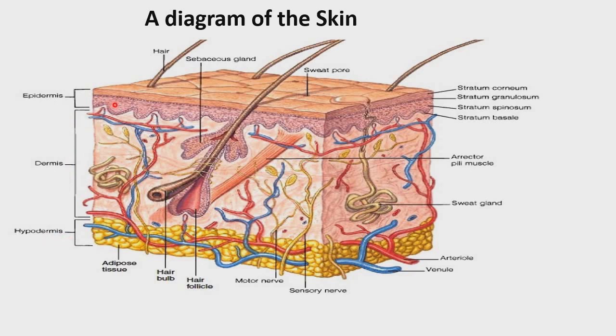The epidermis is made up of an outer layer that we call the cornified or horny layer, this layer here. The cornified layer is the outer layer that is made up of dead, flat scale cells that are well deposited with keratin.